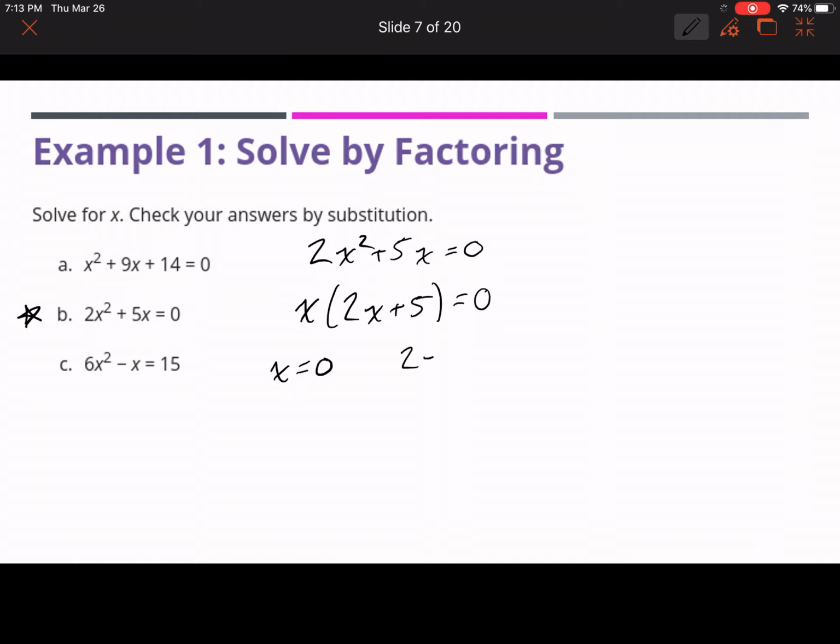And our second in the brackets equaling 0. Again, bring that 5 across the equal sign to make it negative. And then we're dividing by the 2. So we've got two possible answers. For x is 0 and negative 5 over 2. Let's check those.